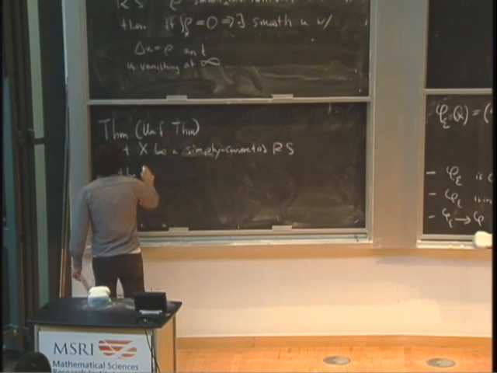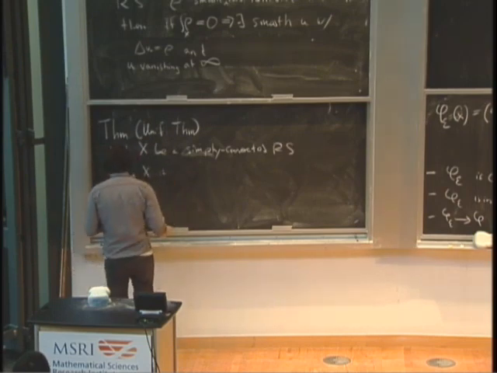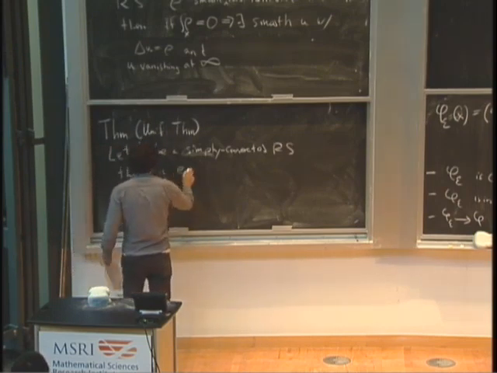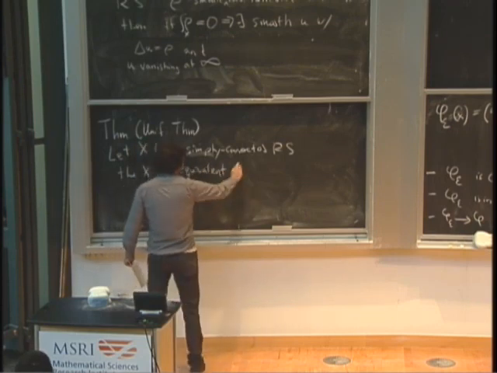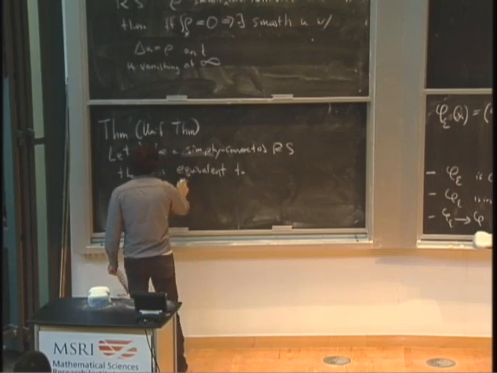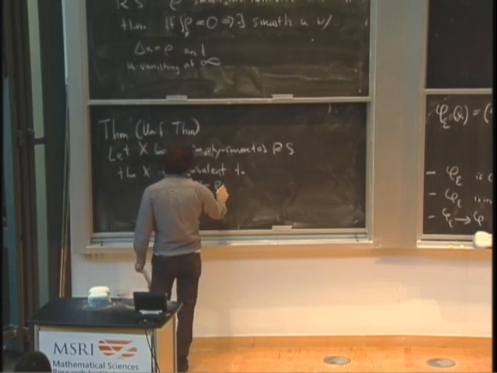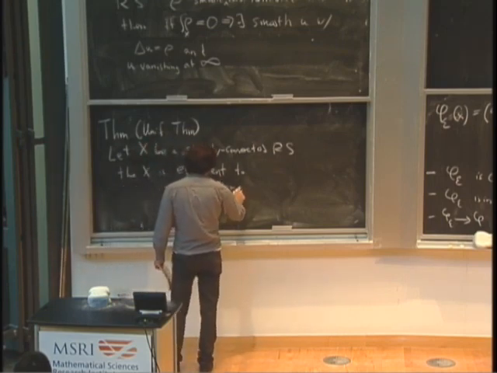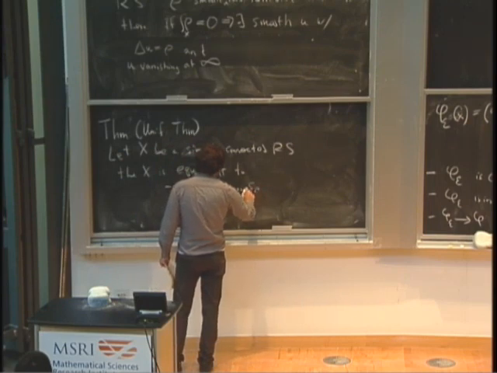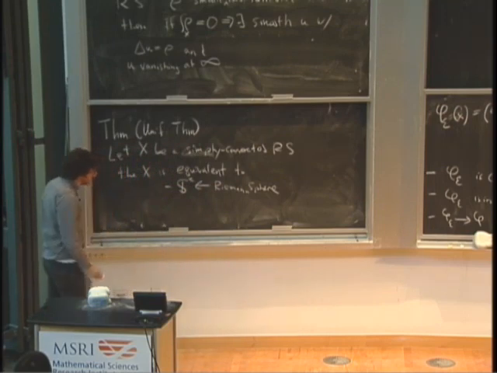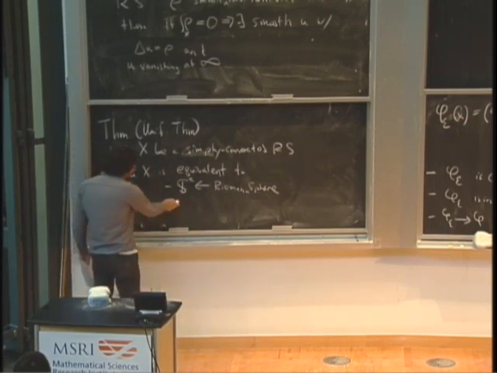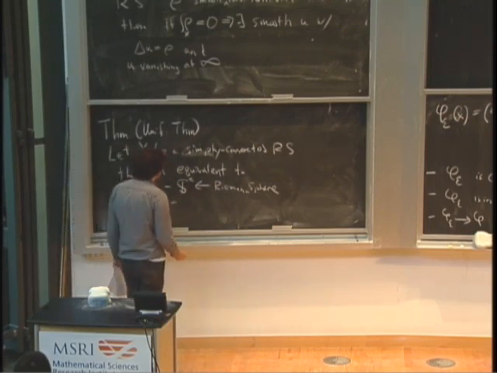then X is equivalent to either the Riemann sphere, this is the Riemann sphere. So this is the only compact example, which we've already essentially, we know how to prove using the methods, say by finding the meromorphic function.